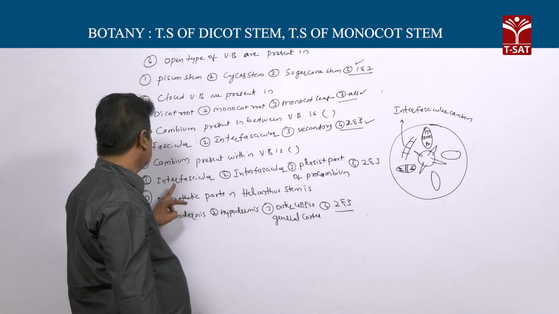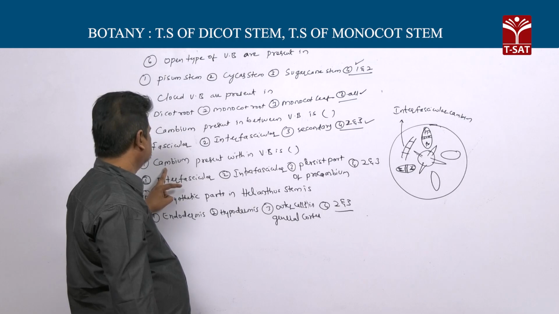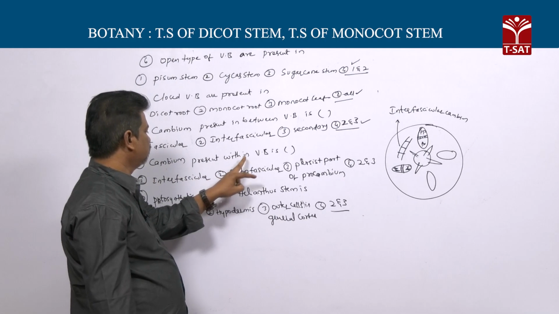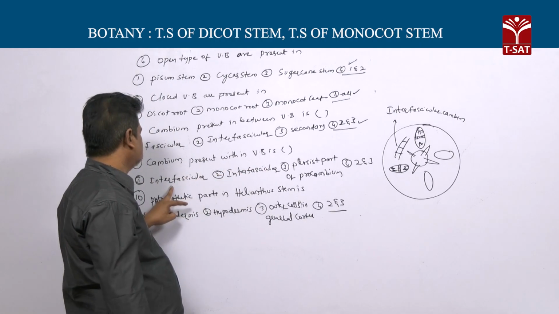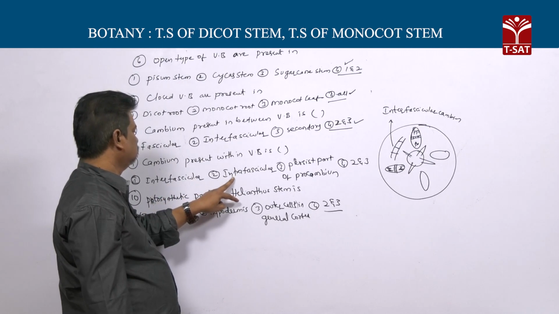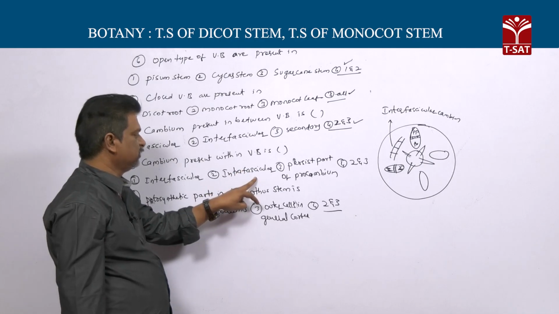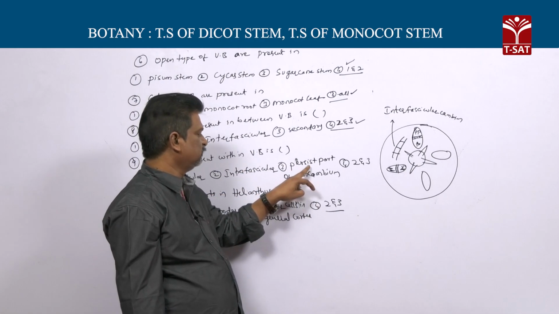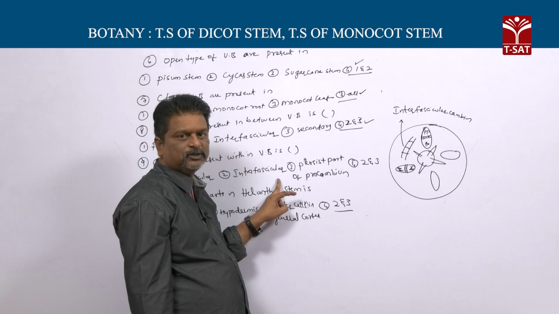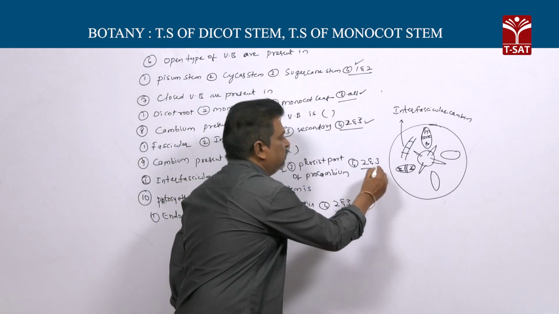That is called fascicular cambium, so cambium present within vascular bundle is intrafascicular, and it is a persistent part of procambium. So, the answer is 2 and 3.